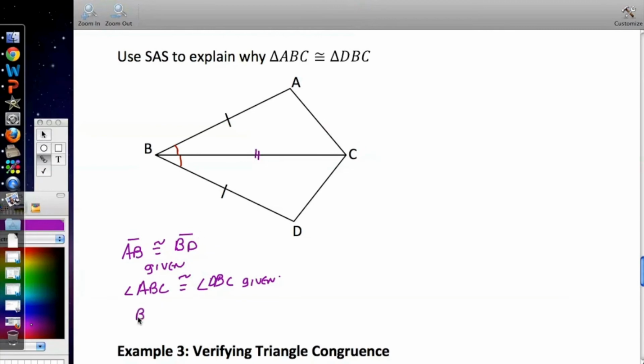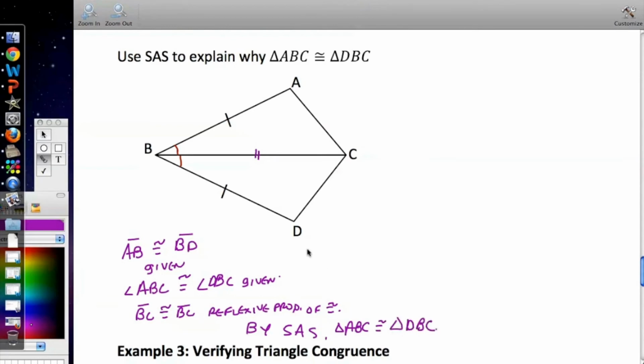Well, I can say that BC is congruent to BC because that's the reflexive property of congruence. So by side, angle, side, triangle ABC is congruent to triangle DBC. It makes sense because I have a side, then the angle, then the side. So this angle is included between these two sides that are congruent.